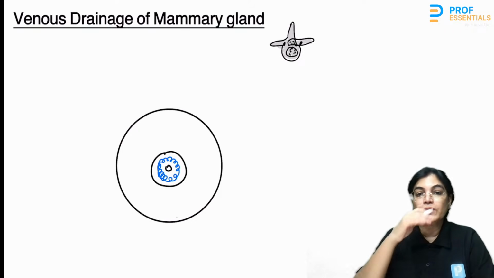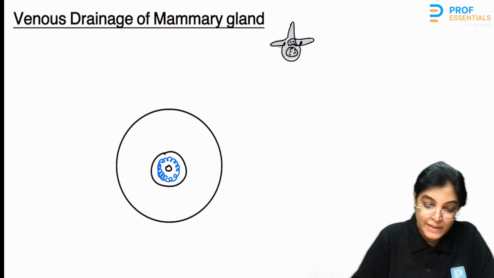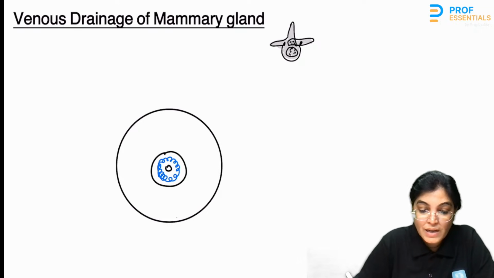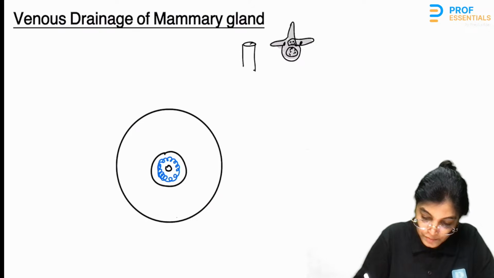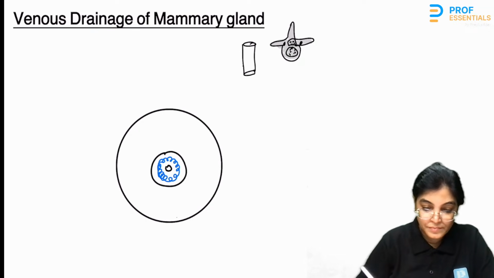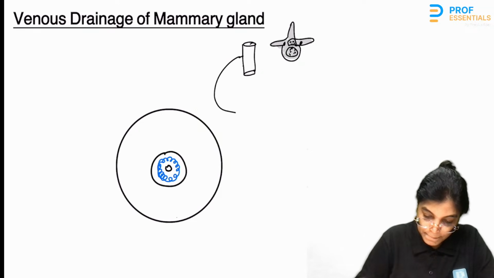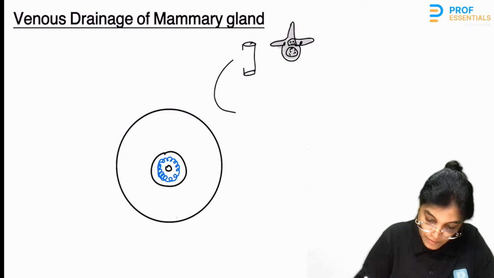So I will surround it with various veins so that you can understand how it is reaching various veins and how it is spreading. Is it okay? So let's make a few outlines.